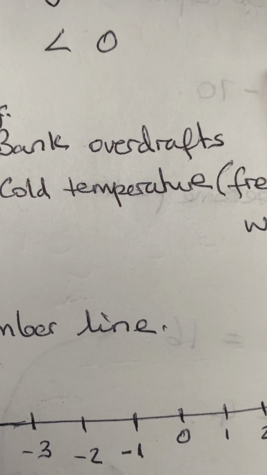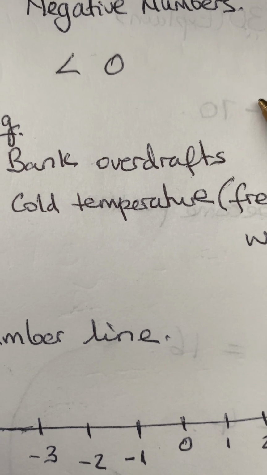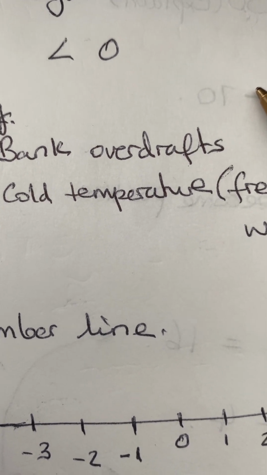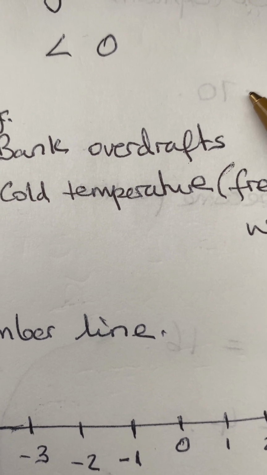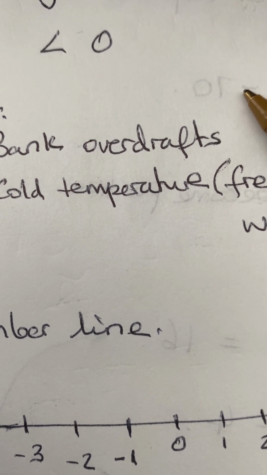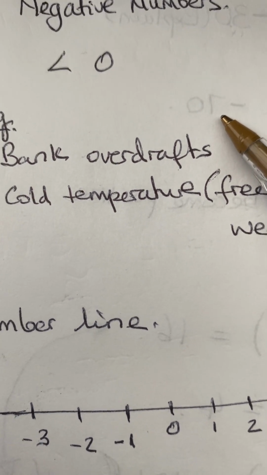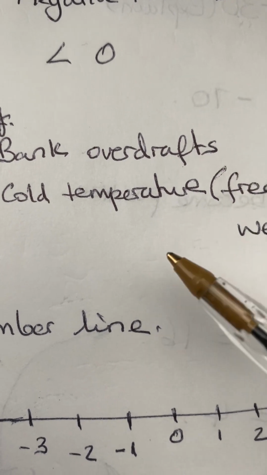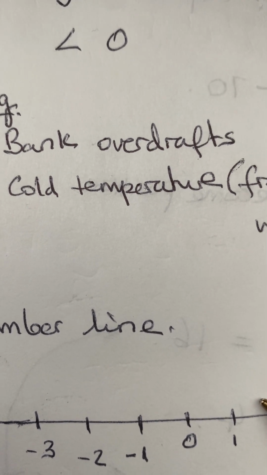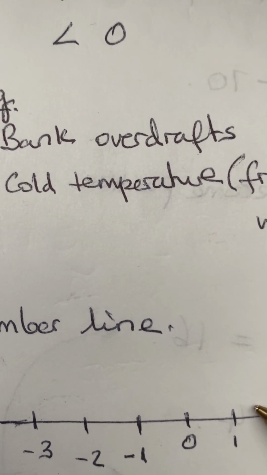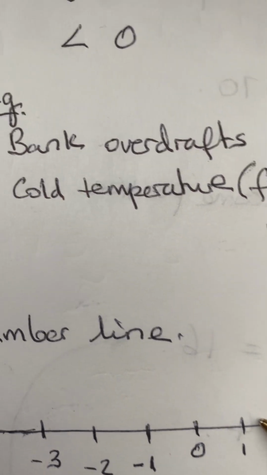Now, negative numbers can happen in an overdraft, so you spend more money than you have in your bank account, so you have negative £20. That is negative money that you have to go and find. Or cold temperatures. When the weather is hot, we know that the temperatures are above 0, but when they are freezing cold, then that is a negative temperature.